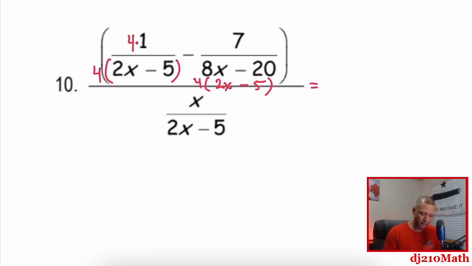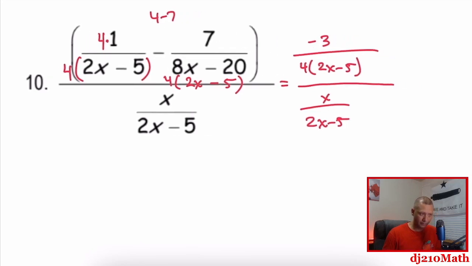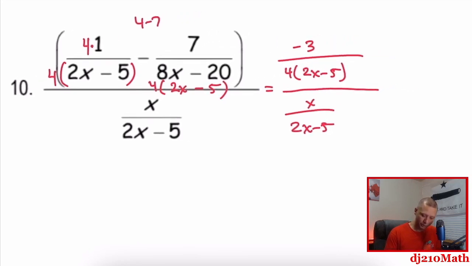So combining the two fractions, the denominator is going to be 4 times 2x minus 5, all under 4 minus 7. So this is 4 minus 7. What's 4 minus 7? Negative 3. And this is all over x times 2x minus 5. So again, we keep the top fraction. We change to multiplication.